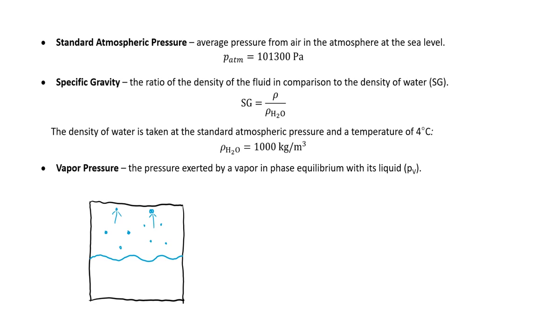Now, pressure can actually change based on altitude. So when we talk about standard atmospheric pressure, we are talking about the pressure experienced at sea level. Now this is denoted by P ATM, and this has an approximate value of 101,300 pascals.